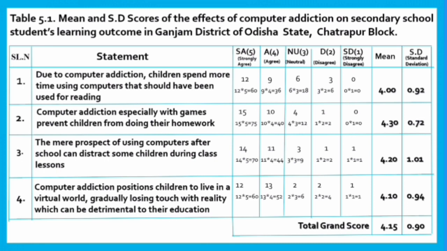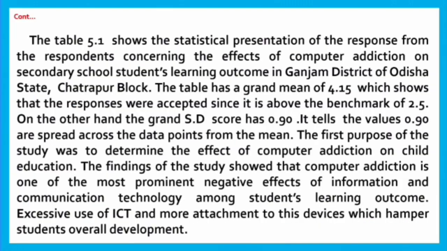The researcher calculated the mean and standard deviation scores of the above 4 statements in table 5.1 and also calculated the total grand score. The grand mean is 4.15 and the standard deviation is 0.90. Table 5.1 shows the statistical presentation of the responses concerning the effects of computer addiction on secondary school students' learning outcome in Ganjam district of Odisha state, Chhatrapur block.